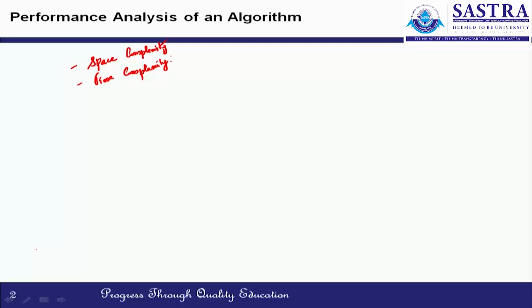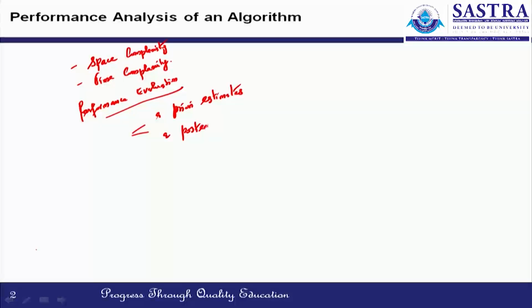The performance evaluation is classified into two ways. One is a priori estimates, second one is a posteriori testing.